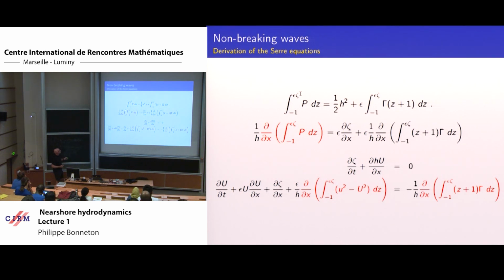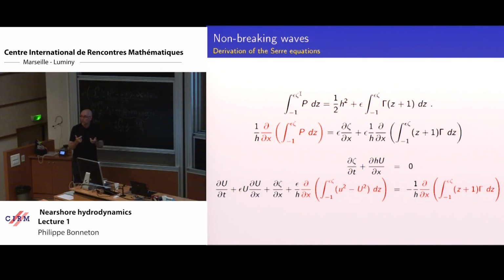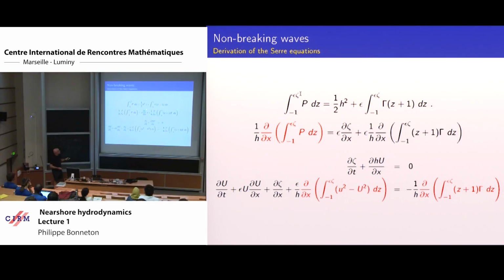So we can now estimate the derivative of this integral in two parts. One is epsilon d zeta dx, and the other is in function of the vertical acceleration. This decomposition is very interesting because if the vertical acceleration gamma is negligible in comparison with the pressure gradients on the vertical, this term is negligible, and the derivative of the pressure term is simply a function of the derivative of zeta.